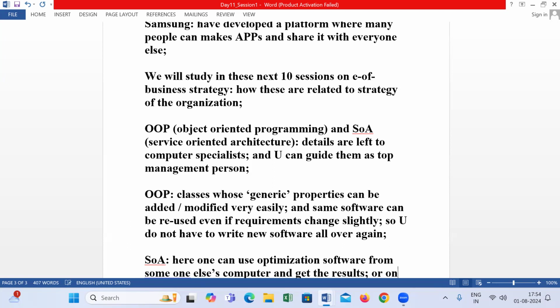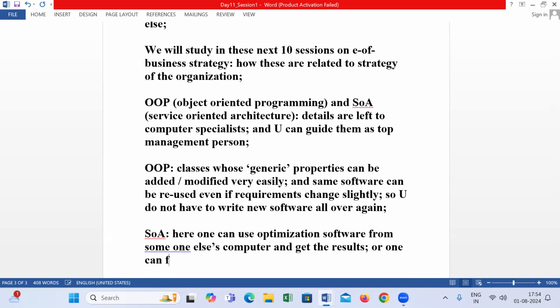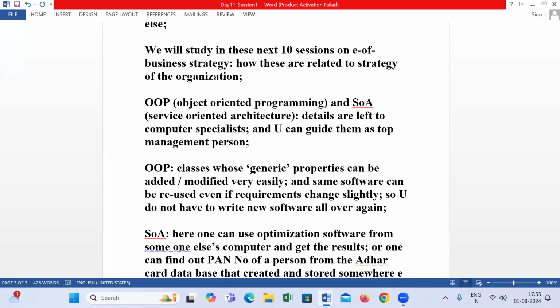Or one can find out the PAN number of a person from the Aadhaar card database that is created and stored somewhere else.